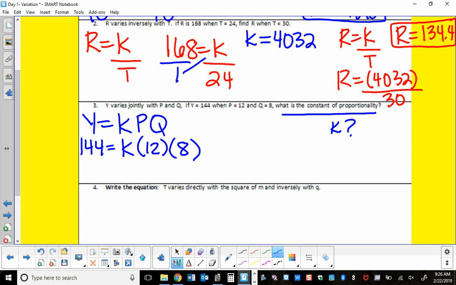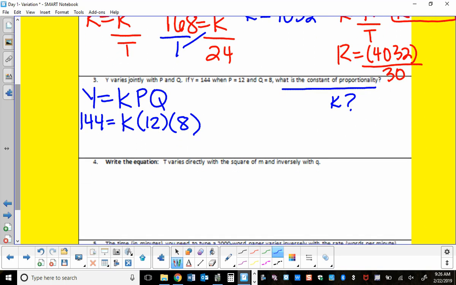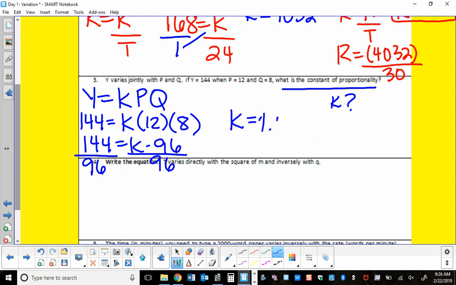So you guys get 144 equals K times 96. All right, then you divide it by 96. So for K, you get 1.5. So look, I divided both sides by 96.